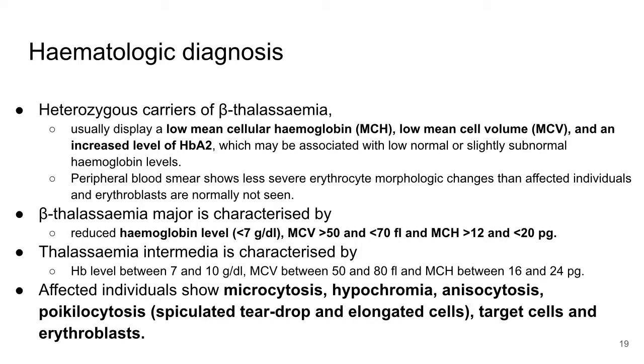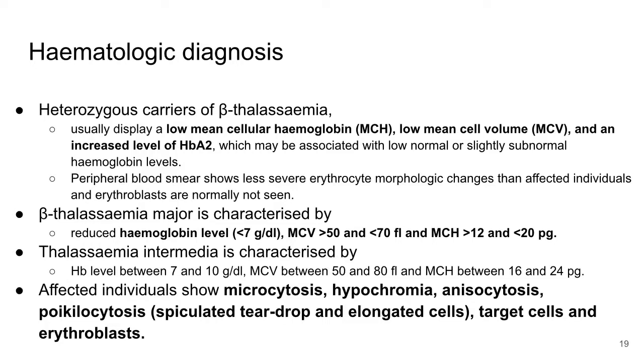Heterozygous carriers of beta thalassemia on hematological evaluation usually display a low MCH, low MCV, and an increased level of hemoglobin A2, which may be associated with low normal or slightly subnormal hemoglobin levels.